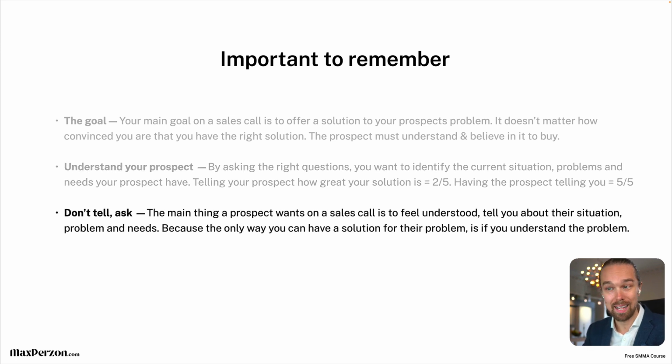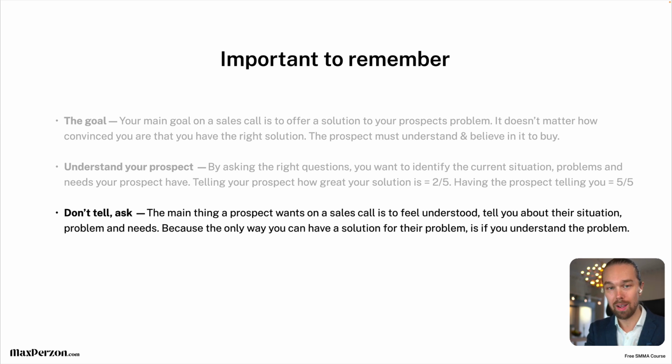So don't tell, ask. The main thing a prospect wants on a sales call is to feel understood, tell you about their situation, problems, and needs, because the only way you can have a solution for their problem is if you understand their problem, right? And I've talked about this before, I'm going to reiterate it again. I've been on hundreds, if not thousands of sales calls myself as the salesperson, but also as the buyer.